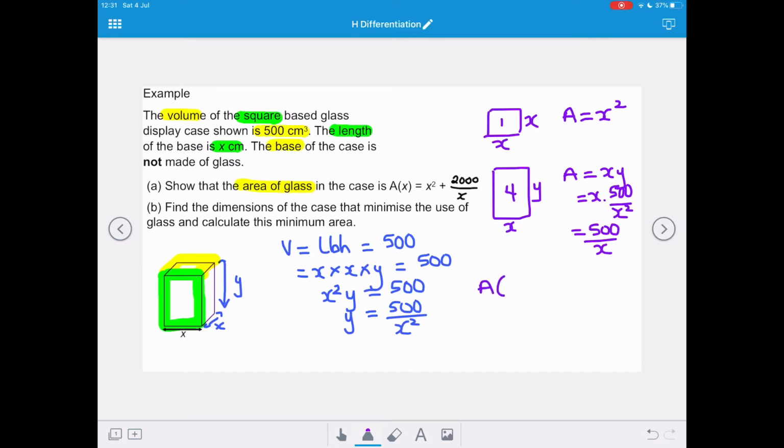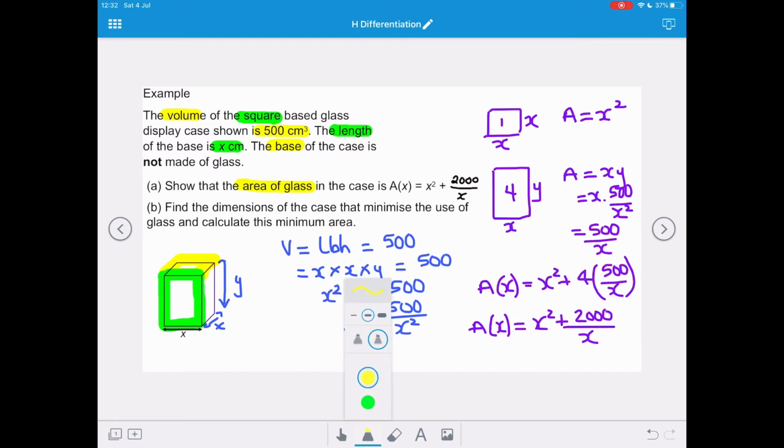So the total area, A(x), equals x squared plus 4 multiplied by 500 over x, and that gives us an area of x squared plus 2000 over x, which is what we've been asked to show in the question. Now part B asks us to find the dimensions of the case that minimize the use of the glass, and then to calculate this minimum area.